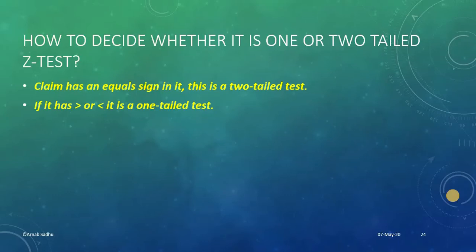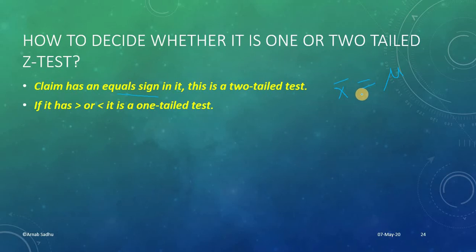So now how to decide whether it is a one-tailed or two-tailed test? That is one other question that may come to mind. If the claim has an equal sign in it, like your claim is that your sample mean, x bar, is equal to the population mean, mu. If you are testing like this, then if x bar, the sample mean, is less than the population mean, you are wrong.